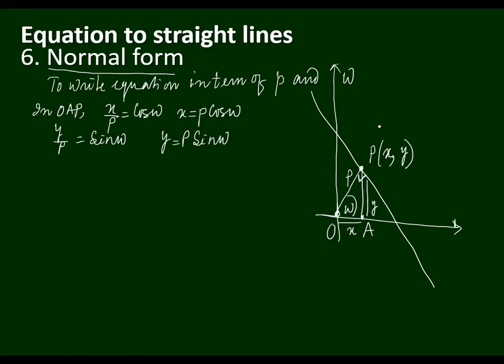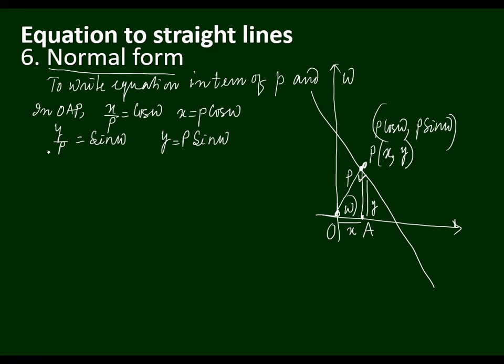So I am writing this point in terms of p and omega: p cos omega, p sin omega. So we got a point, we got x, we got y.